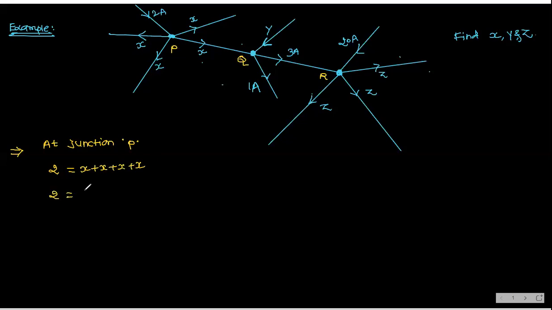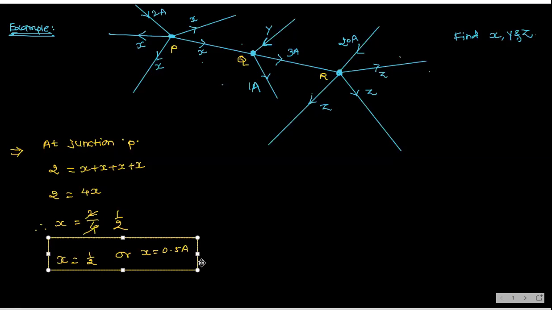So 2 is equal to 4x, and therefore x is equal to 2/4, which is 1/2. So x is equal to 1/2, or you can write x is equal to 0.5 ampere. This is your first answer: x is equal to 0.5.